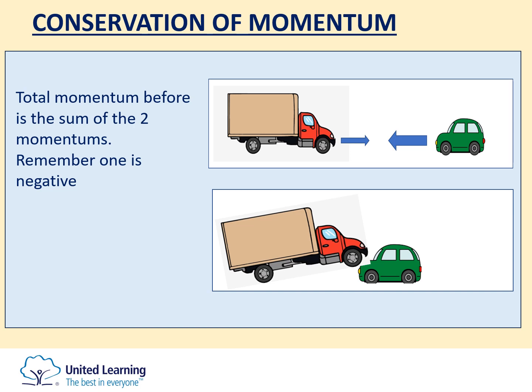I would always go to the left. So the total momentum is then going to be the sum of the two initial momentums. If the two objects stick together, as shown in the second picture here, then the total momentum of those two objects will equal the momentum before.